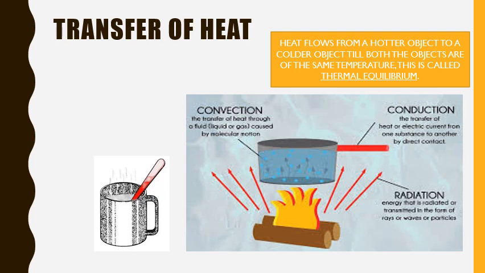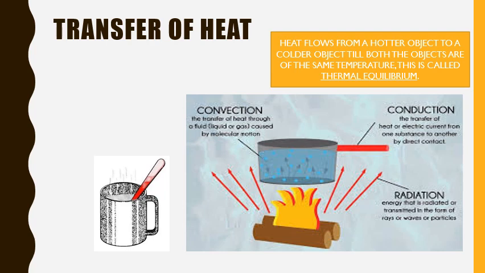So we can say that heat is always transferred from a hot object or an object which is at higher temperature to a cold object or an object which is at lower temperature. And this continues till both the objects attain a common temperature.